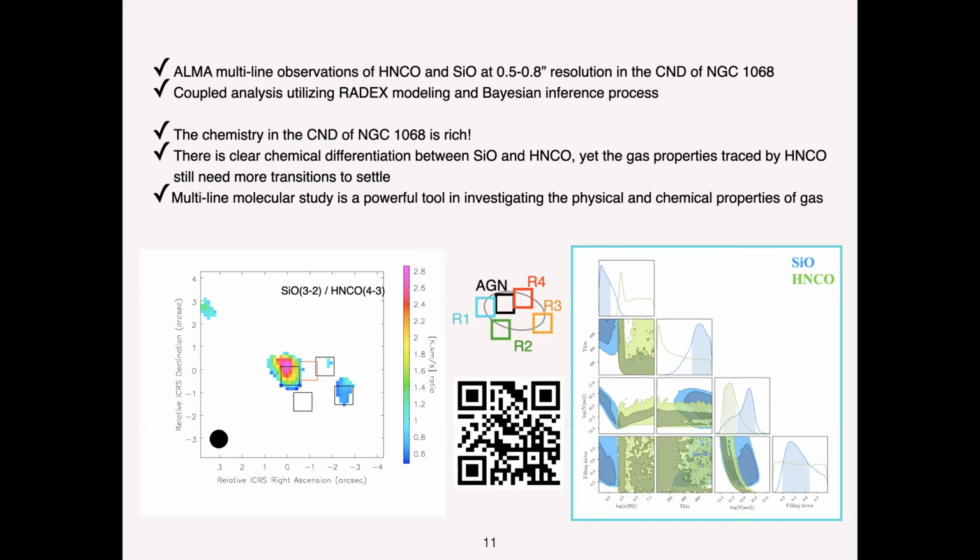We confirm again that chemistry in the CND is really rich, because there is a clear chemical differentiation between these two species, but they are not the only story we saw in the past. So this target remains a very interesting object to keep studying. And last but not least, we again justify our approach: multi-line molecular study is a really powerful tool, especially in investigating the physical and chemical properties of the gas.